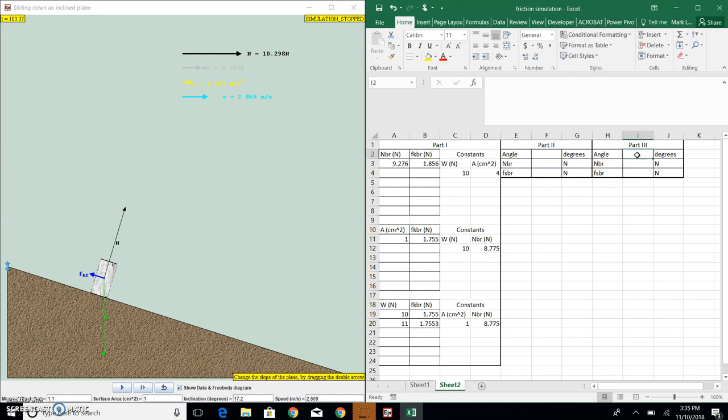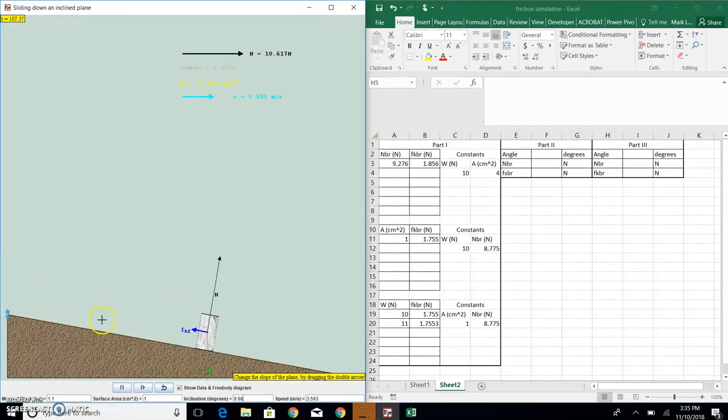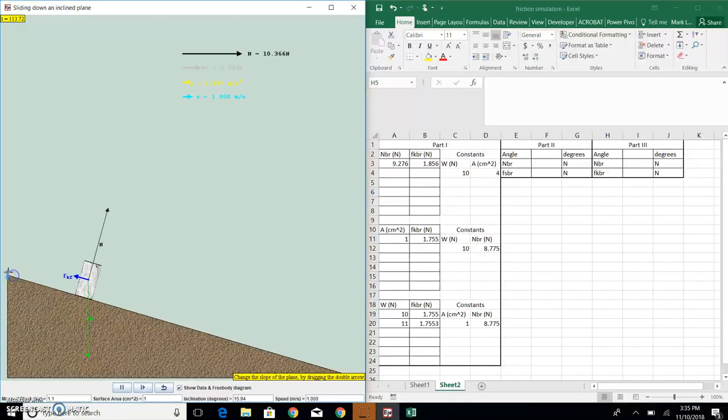In part 3, what you're doing is you're going to be finding the angle such that it goes at constant speed. So notice when I let go here, it's accelerating. That's not working. I need to get it so the acceleration is 0, but it has to be moving though. So you'll notice that there it's moving.